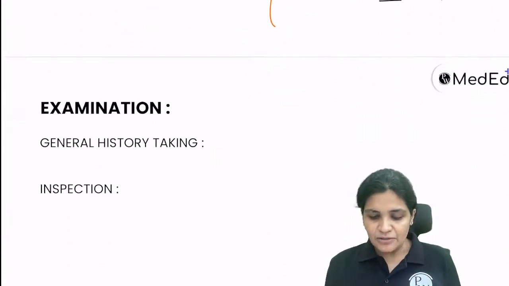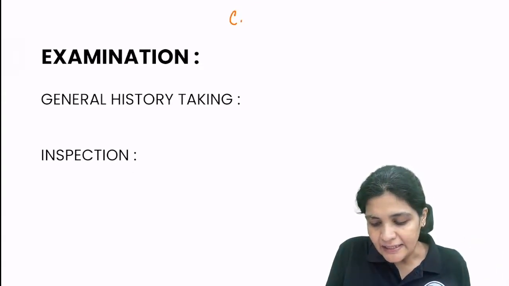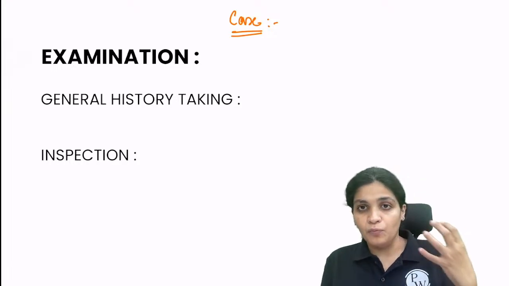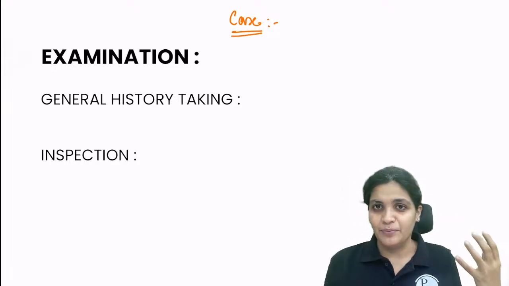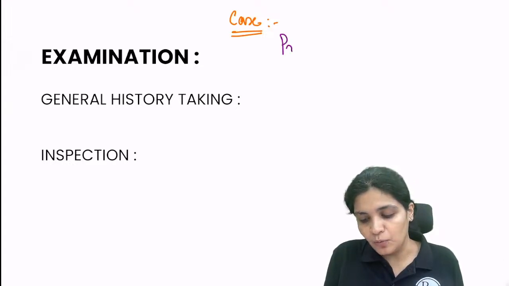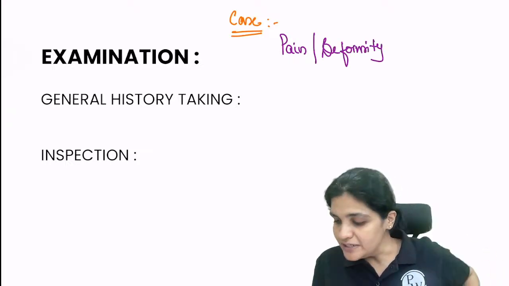First, as usual, whenever there is a case, you will get an idea of what case this is. The case always starts with the patient pointing out the pain. He will have pain and then deformity. What is the main important deformity you see in a Colles fracture?